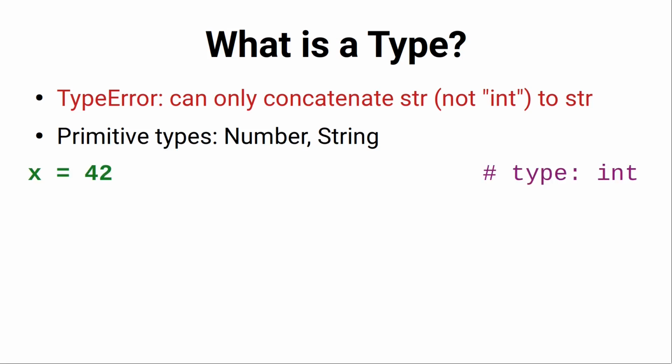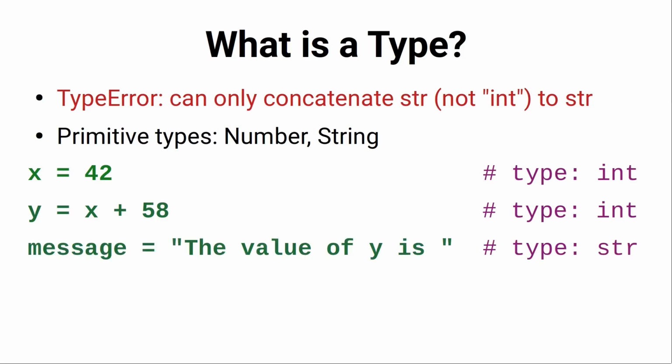First, we assigned the integer 42 to x. Then for y, we assign it the value of the expression x plus 58. Since x is already an integer and 58 is an integer, we are doing integer math, and the value of y will also be an integer. We made the message variable a string again, assigning it a value in quotation marks, but then try to change it by assigning it an expression where we try to add an integer to a string.